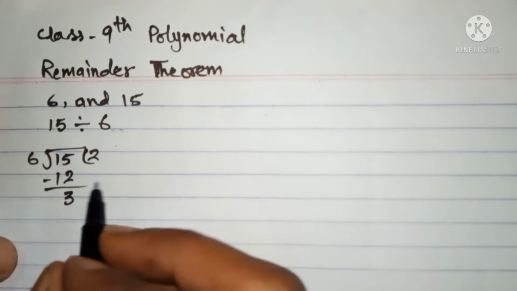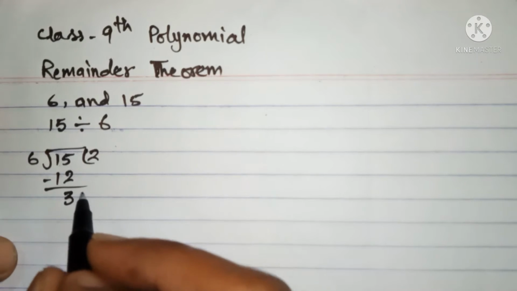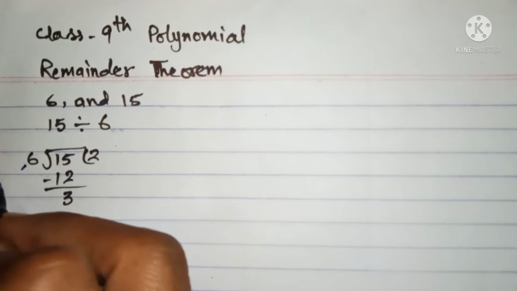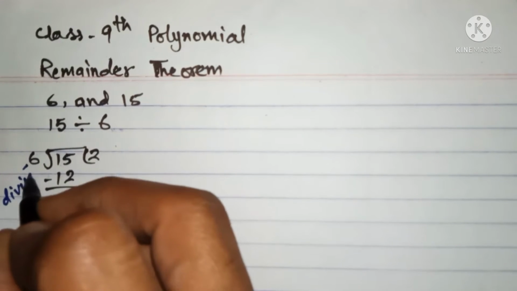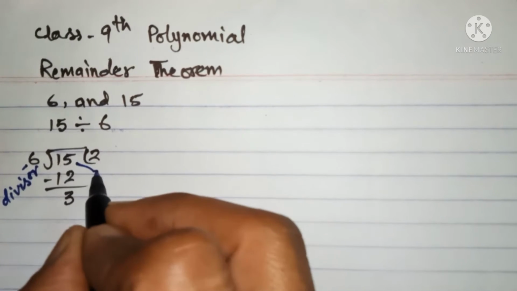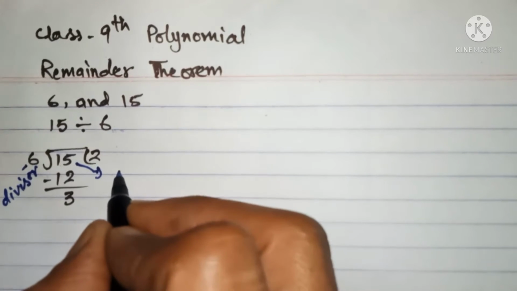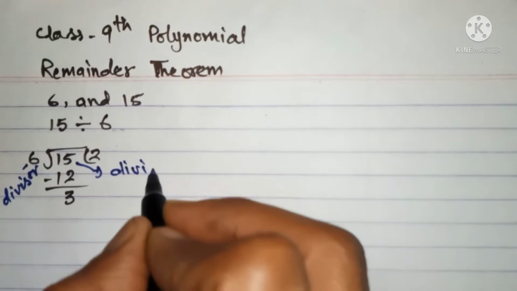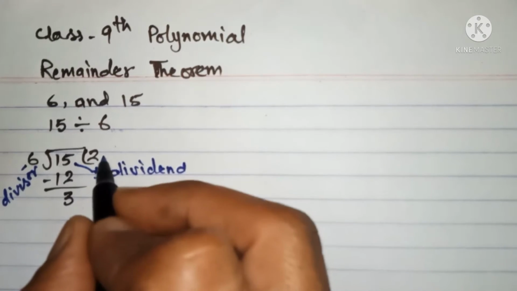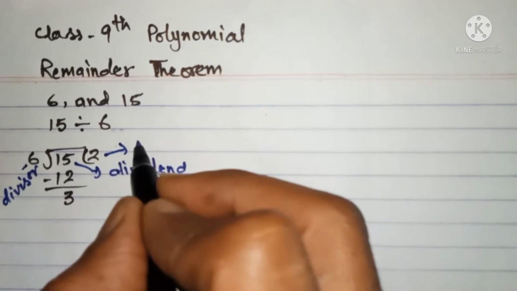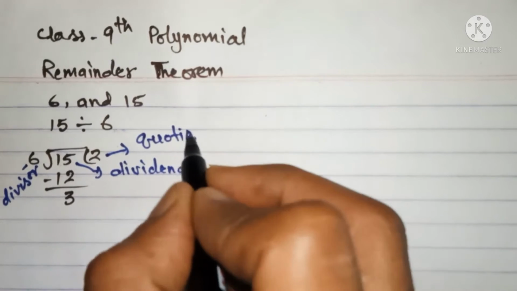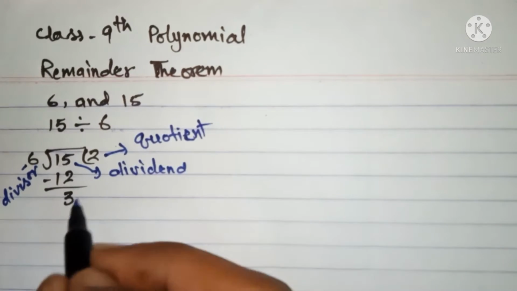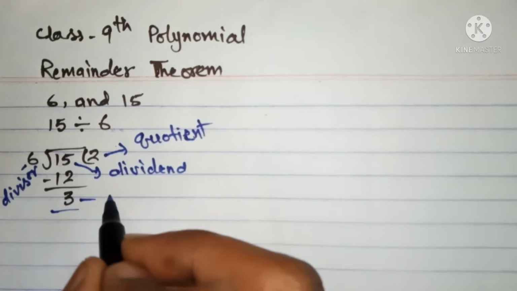Here it is clear that 6 is the divisor, 15 is the dividend, 2 is the quotient, and 3 is the remainder.